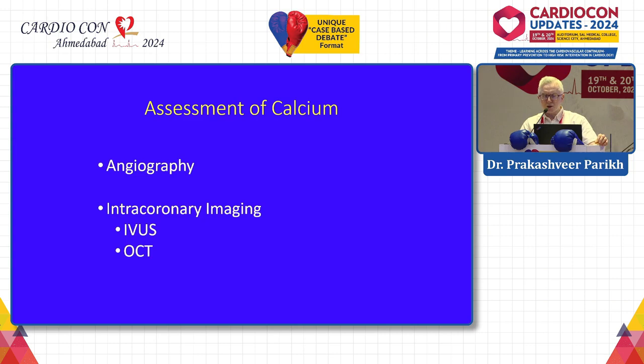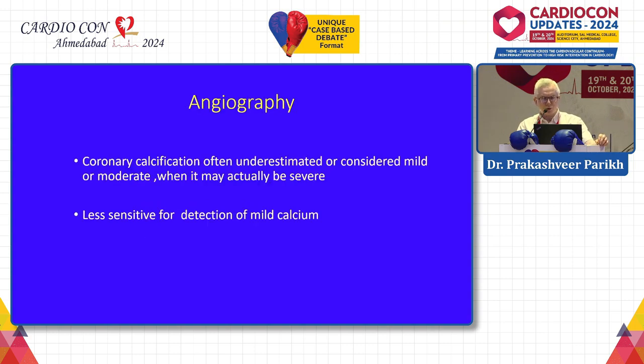So how do you assess the calcium? We can assess by angiography, and more specifically, we can use intravascular imaging like IVUS and OCT to define the calcium burden and morphology. Angiography often underestimates the calcification. Even when the calcium is severe, sometimes on angiography it looks only mild or moderate.